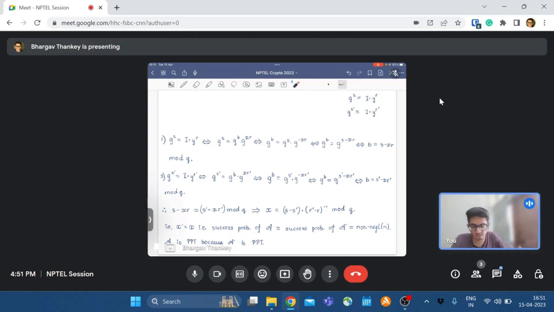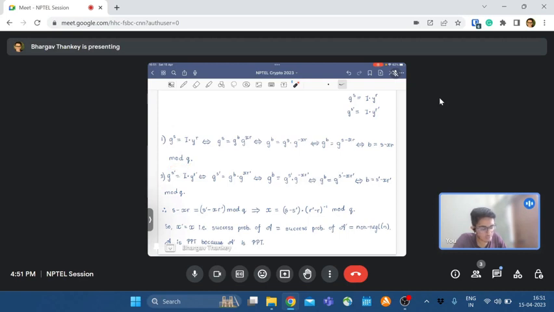Okay, so let me go once again. We have that g to the s equals I times y to the r. If you put in the values of I and y over here, you would get that b equals s minus xr mod q.